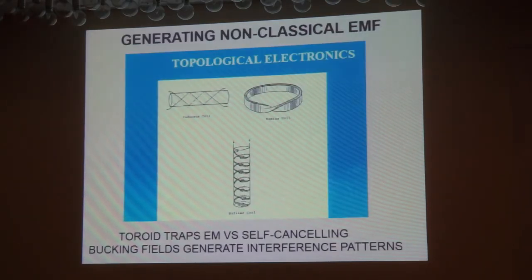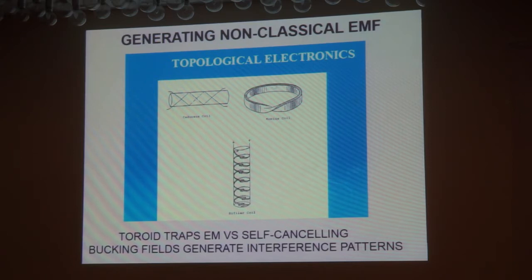These can be generated by certain special kinds of coil windings: a caduceus coil, a Mobius coil, a bifilar coil, and a toroid. Cyril Smith and Mae-Wan Ho use toroids, which trap the classical electromagnetic field inside, and on the outside you get a non-classical field.